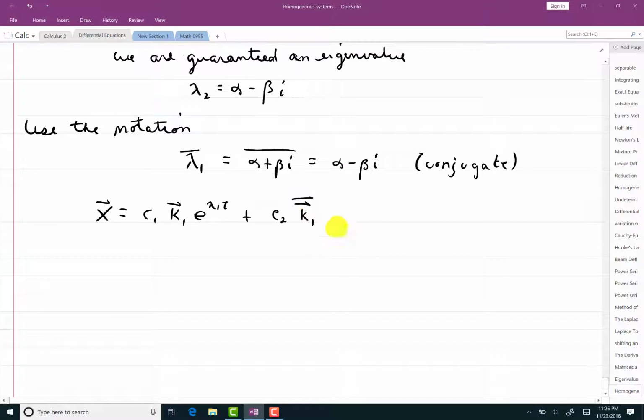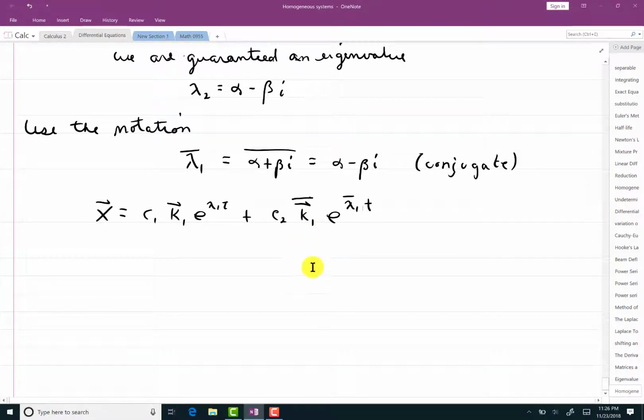And then I will get e to the lambda 1 with a bar over top of it, t. So this is guaranteed to happen. I don't have to search around for a second eigenvector. It's automatic. All I've got to do is take the conjugate of each entry in the vector.